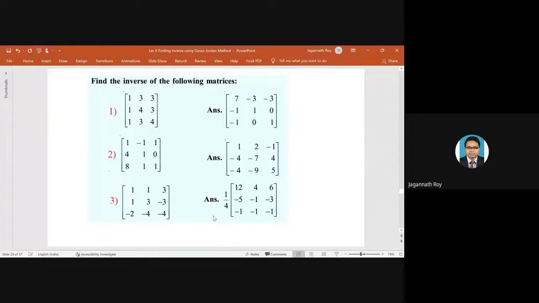Use Gauss Jordan method. I know this is a 3 by 3 matrix, and you can always use the method of A inverse equals adjoint of A by determinant A. Okay, don't use this one.